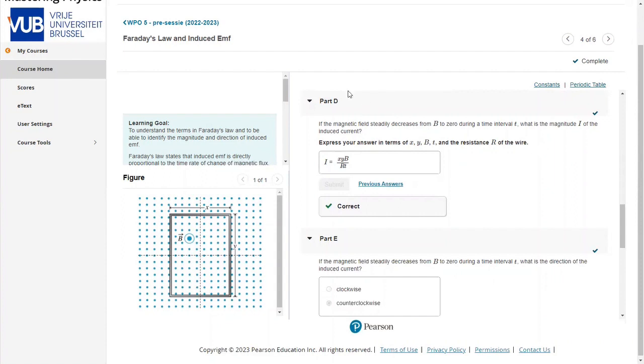So if you know that this is also involved, then you can also know that R times the current is equal to this EMF, and you can work out what the current is like this.